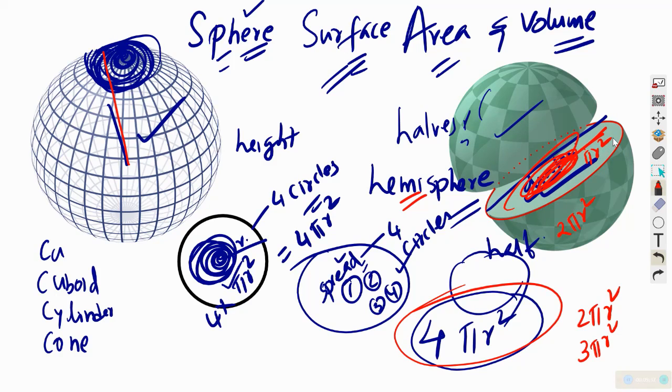So my dear students, as far as sphere is concerned, you have the formula for total surface area as 4 pi r square for a sphere, 2 pi r square for a hemisphere's curved surface, and 3 pi r square for the total surface area of a hemisphere.